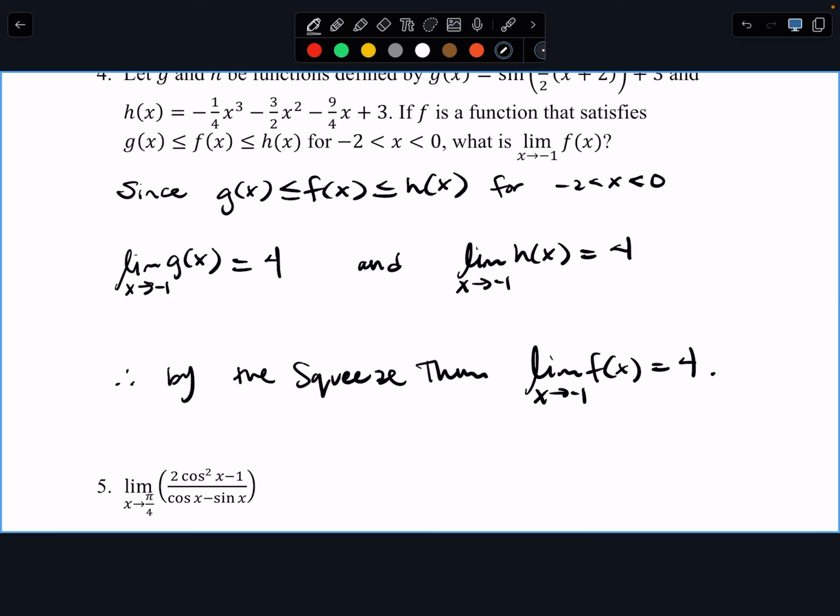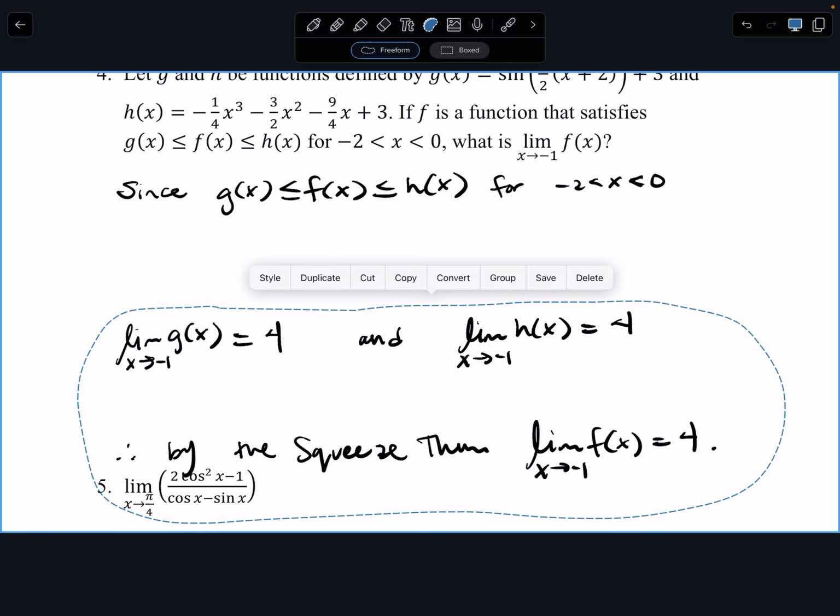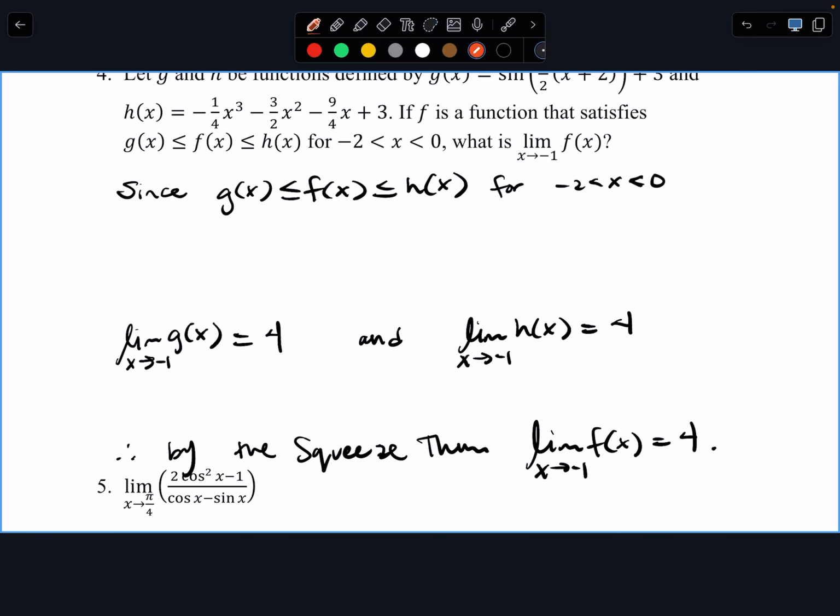Now, some textbooks, and some people used to this, prefer to just go off of the second condition, the limits of the outside functions, using the inequality and saying, oh, the limit as x approaches -1 of g of x is less than or equal to the limit of f of x. Think about taking the limit of each part of the inequality, and that's fine.